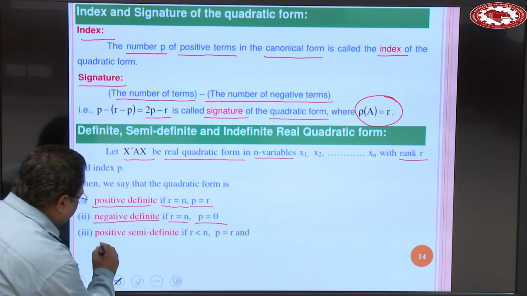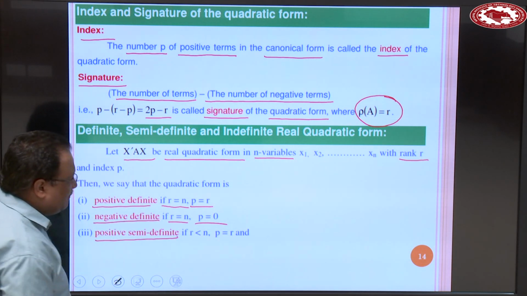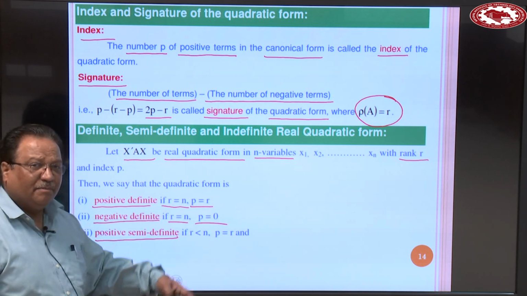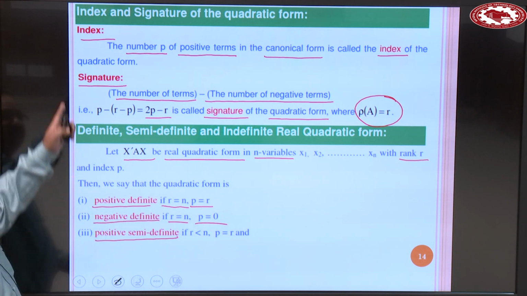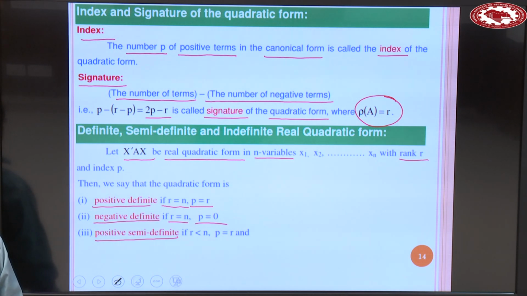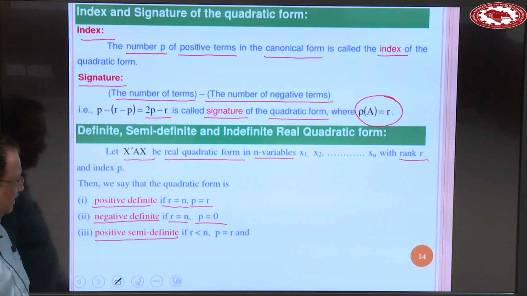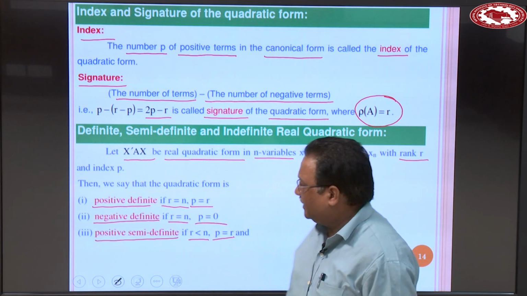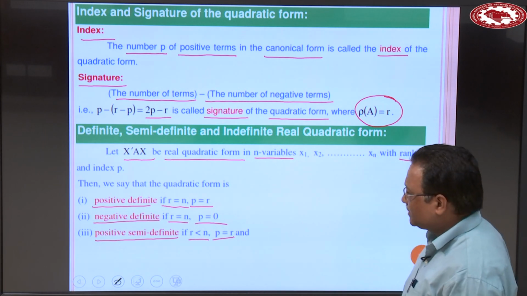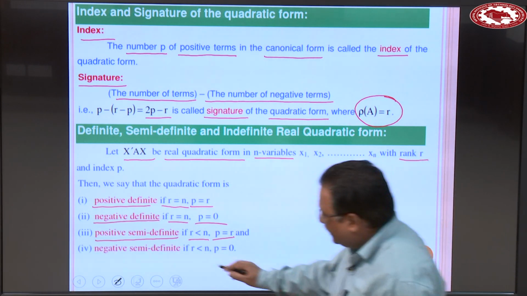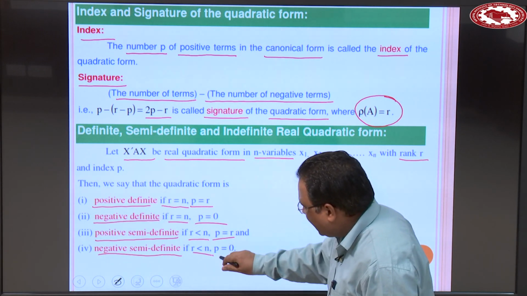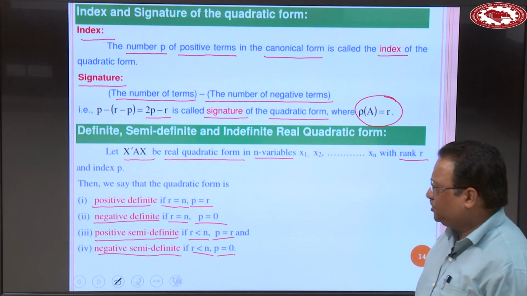And positive semi-definite if rank is less than number of unknowns and P, means this index, is equal to the rank of the matrix. Okay. So when R is less than n and P is equal to R, then we say that quadratic form is positive semi-definite. And negative semi-definite when R is less than n and P is equal to 0.